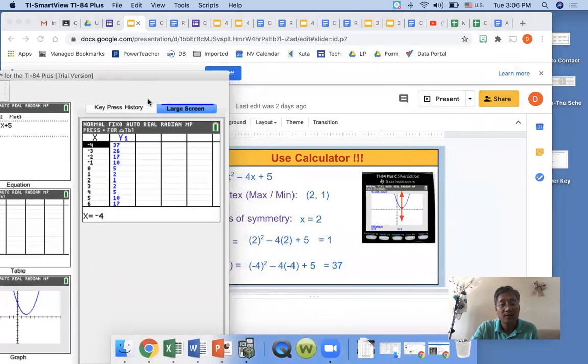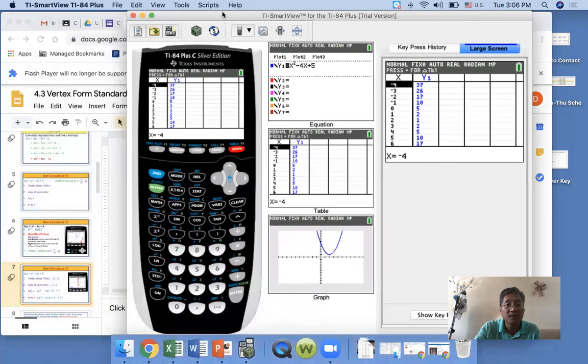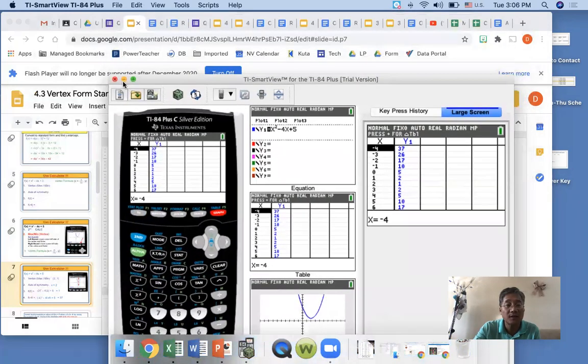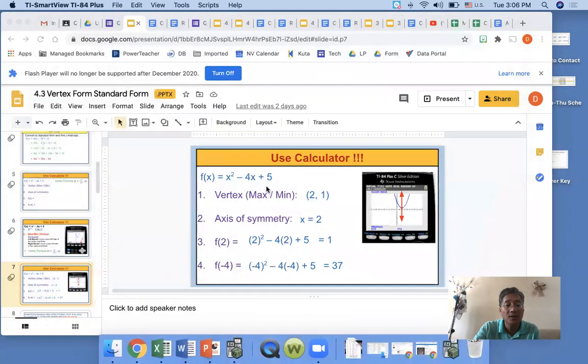So this is 1. How about f of -4? 37. Do you see the 37 here? When x is -4, the table shows you 37. Good. Everybody understand how to use the calculator for function values, vertex, axis of symmetry? Yes? Do you have any questions?